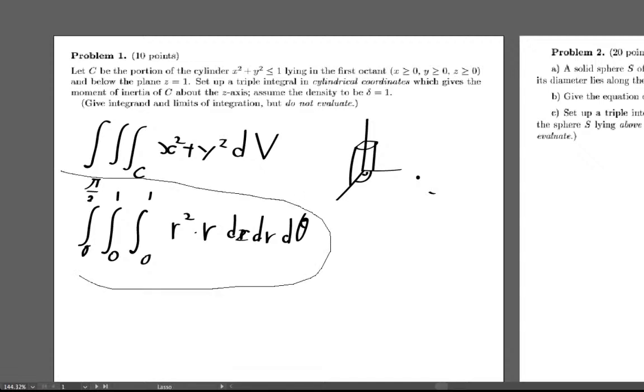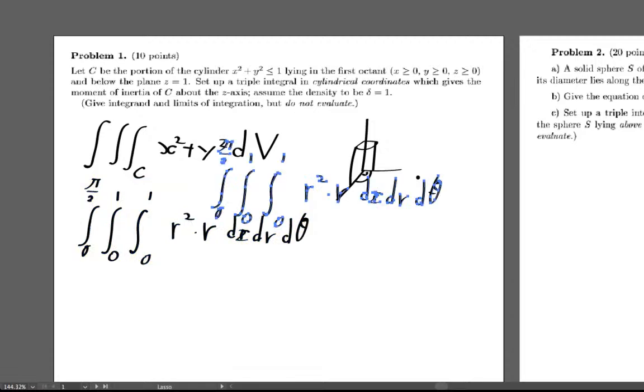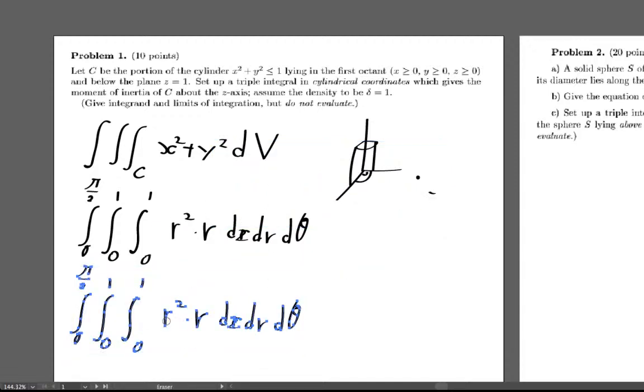This one here turns into r cubed instead. You could actually evaluate this, but I'm not going to be doing that because the problem doesn't actually tell me to do so. So that's the first problem.